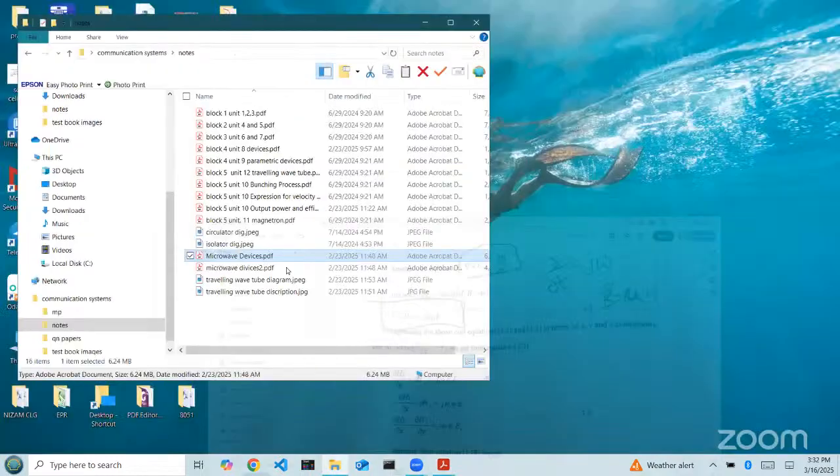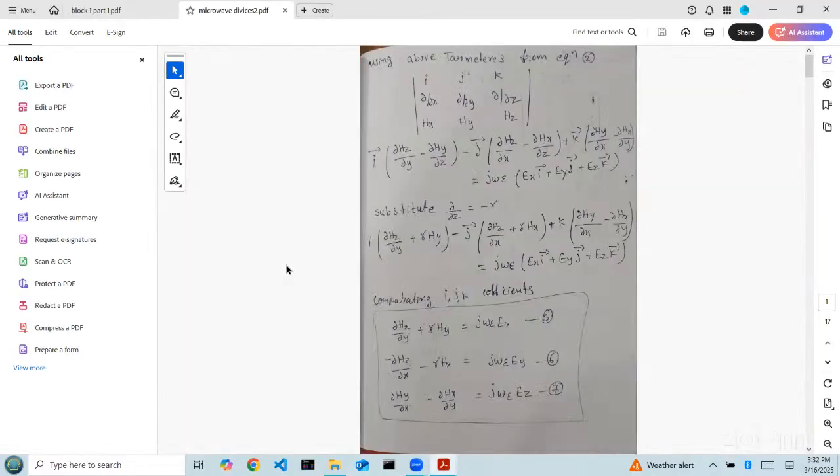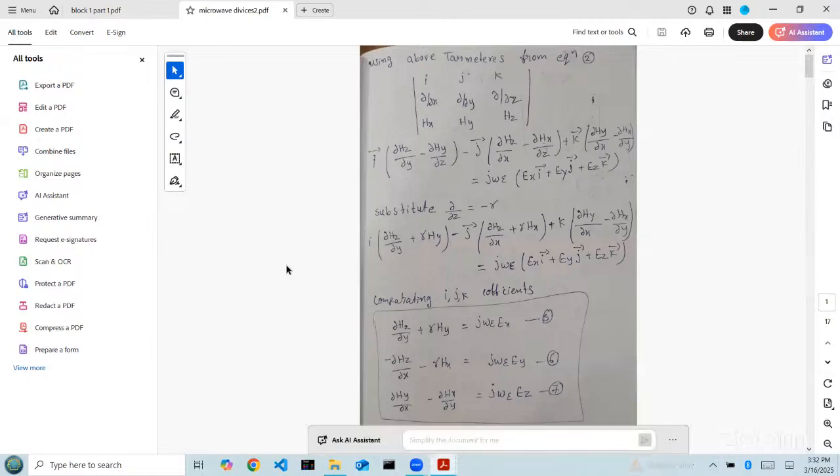Derivation part. See here. Just keep your textbook beside you. What is equation 3.2?